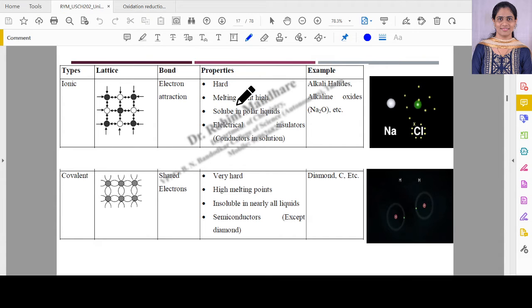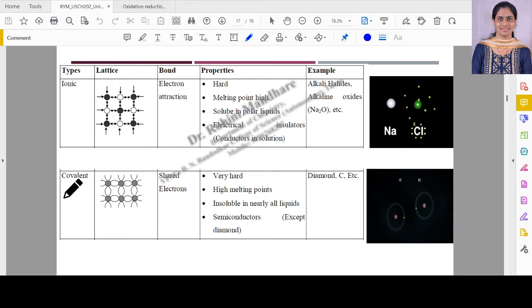Ionic solids are hard, they have high melting point, usually they are soluble in polar solvents, and in the solid state, ionic compounds are electrical insulators, but when we mix in solution, any solvent, they become conductors. Right, so examples include a combination of s block and p block elements where they have electronegativity difference greater than 3. Right, they are ionic compounds.